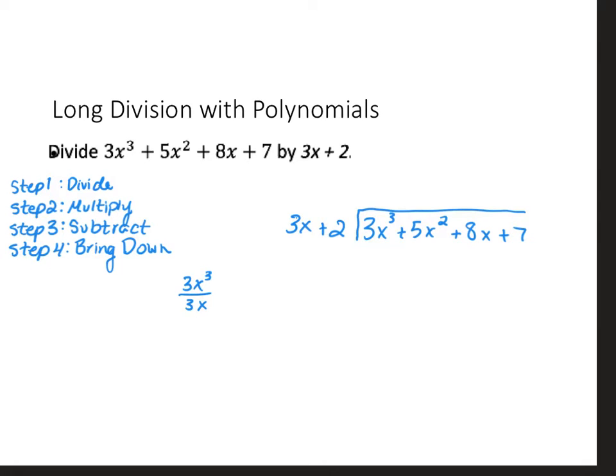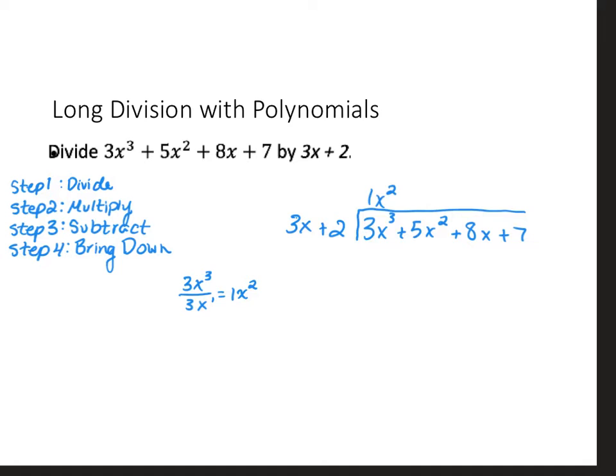My 3 divided by 3 is 1. And my x cubed divided by x, well, when you divide exponents, you subtract them. So 3 minus 1 is x squared. So 3x goes into 3x cubed, 1x squared times.